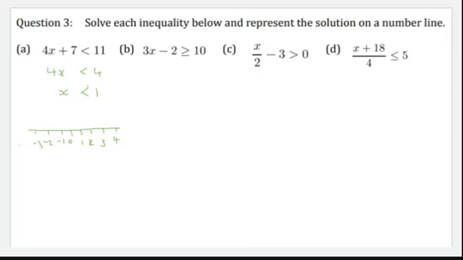No, it can't because it's strictly less than. So what we do is we draw an open circle at the 1, and then we draw an arrow going that way. It just means x is less than 1. That's all it is.